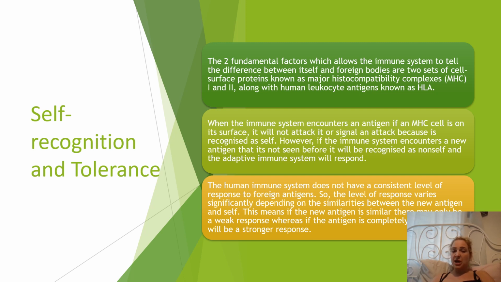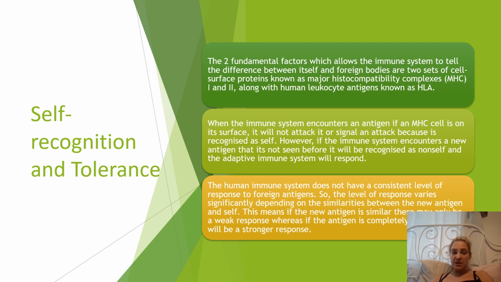When the immune system encounters an antigen, if the MHC cell is on the surface, it will not attack it or signal it because it is recognized as self. However, if the immune system encounters a new antigen it has not seen before, it will be recognized as non-self and the adaptive immune system will respond appropriately.